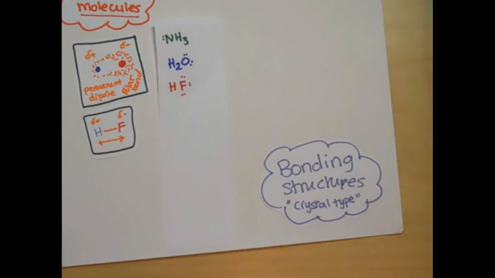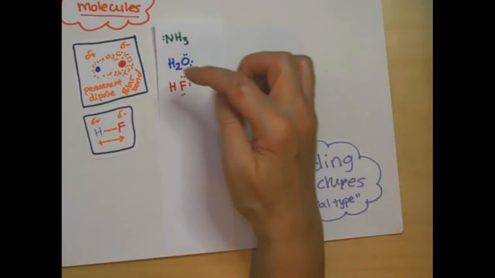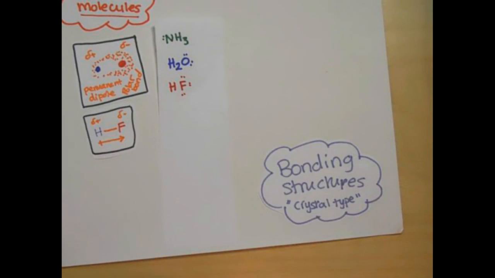However, what we do have is we've got stronger bonds occurring between the lone pair of the nitrogen and a hydrogen on another molecule, and that creates for us a stronger dipole-dipole attraction.